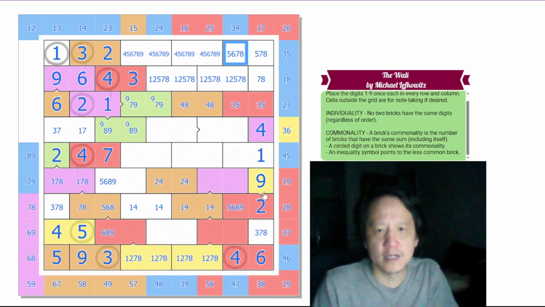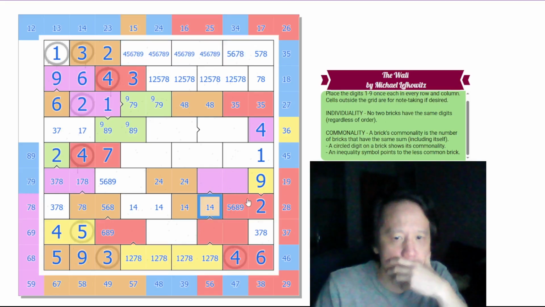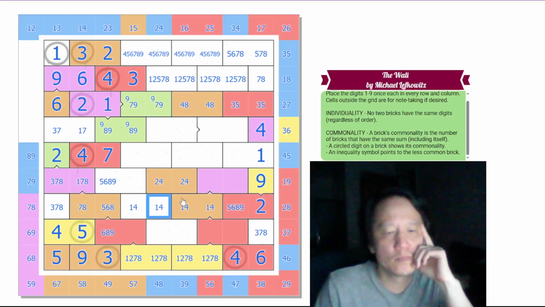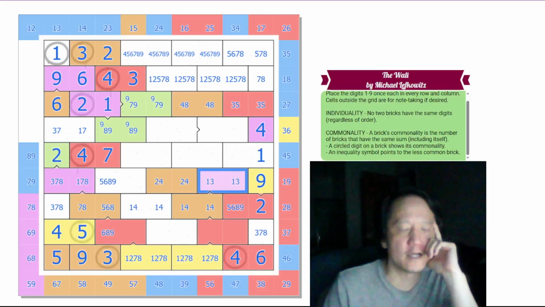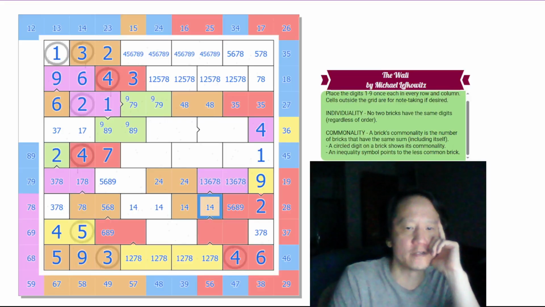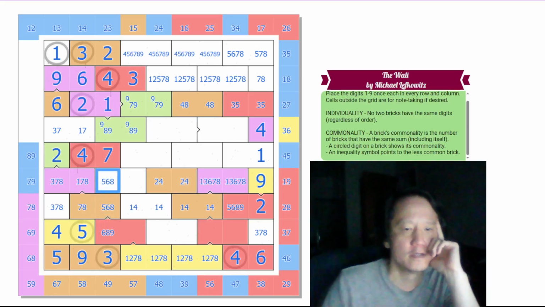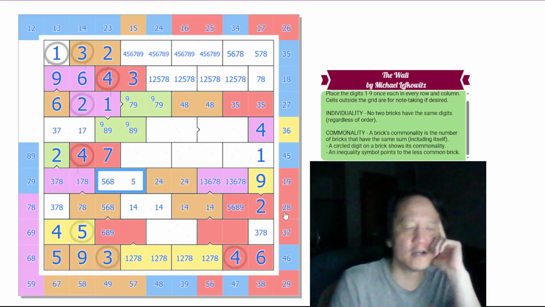Which means this cannot be 9 here. This is either 1 3. It cannot have. It's either 6 7 or 8. So this can't be 9. This has 5 and 6, but no 8. So it could be 5 6 or 5 7.